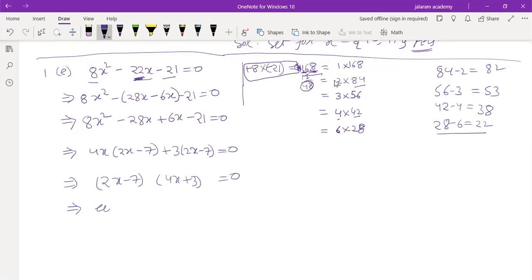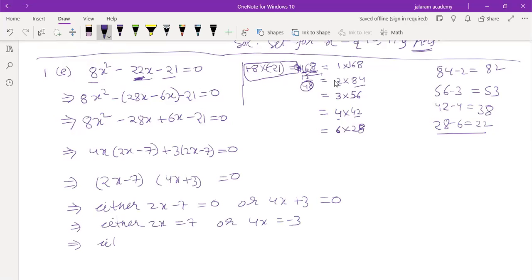It implies either 2x minus 7 equals 0 or 4x plus 3 equals 0. It implies either 2x equals 7 or 4x equals minus 3.